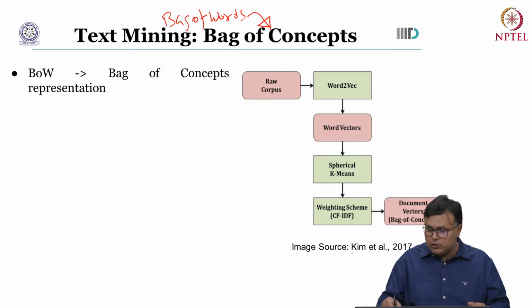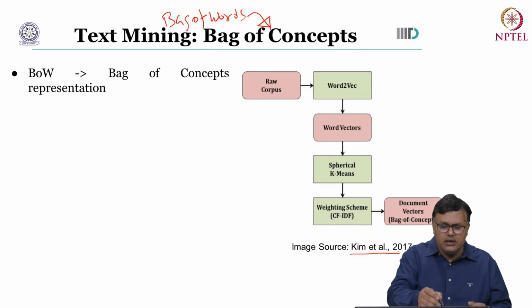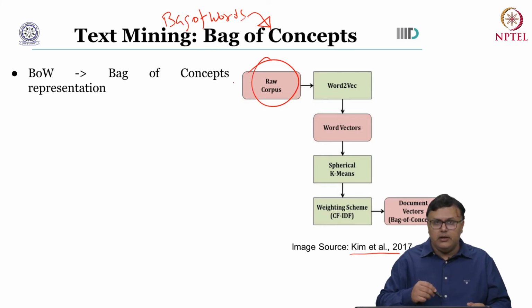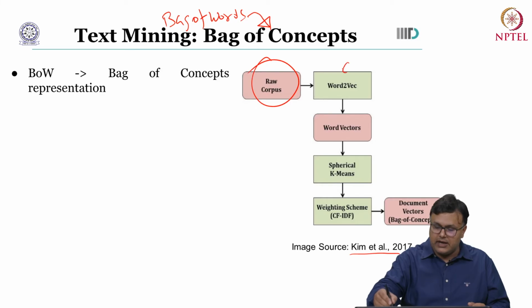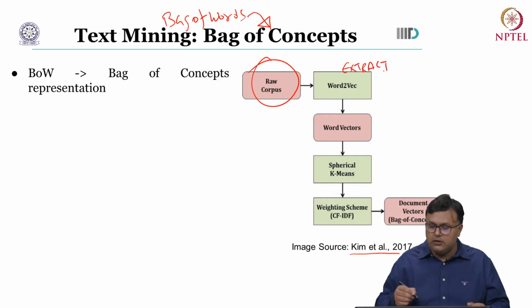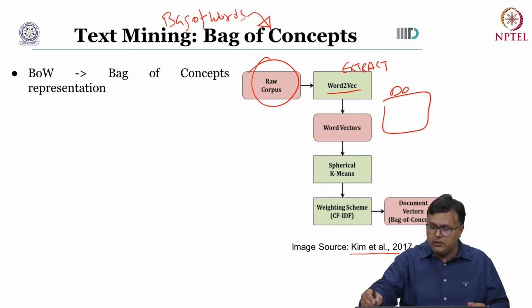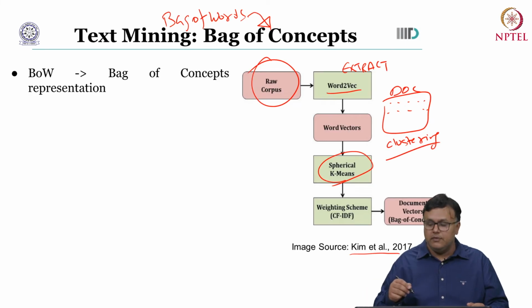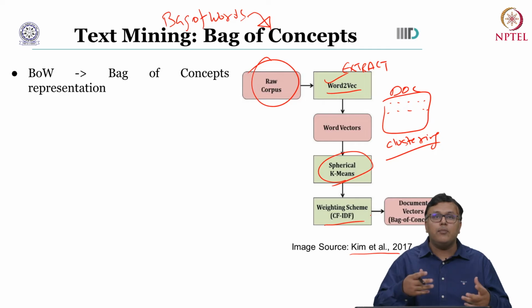Let's look at one such work proposed by Kim and others. In this, you have the raw text data coming in. You extract the representation using word2vec. That gives you, for a document, the representation for each word. We then compute a clustering on the representation extracted from word2vec, and later we do a weighted scheme similar to TF-IDF, which we have seen. So we are looking at the importance of each word.